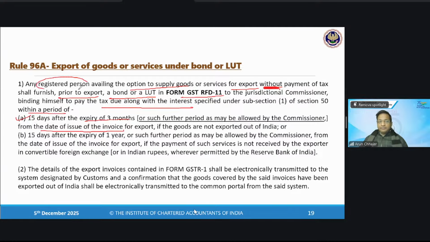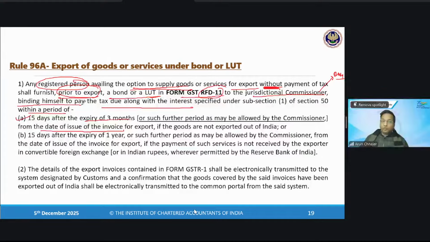So any registered person availing the option to supply the goods for export without payment of tax, then prior to export, meaning you cannot file the LUT after the export. It has to be prior to the export. In RFD 11 to the jurisdictional commissioner, now it is online. Earlier you needed to submit the hard copy, but now it is online.